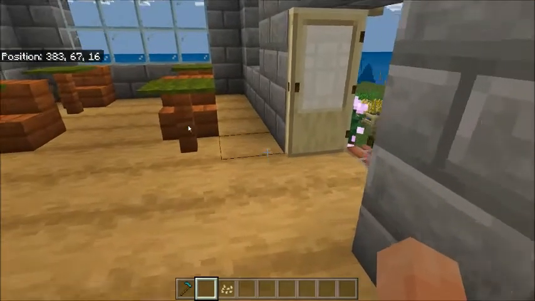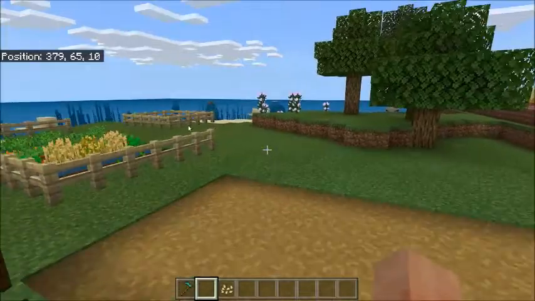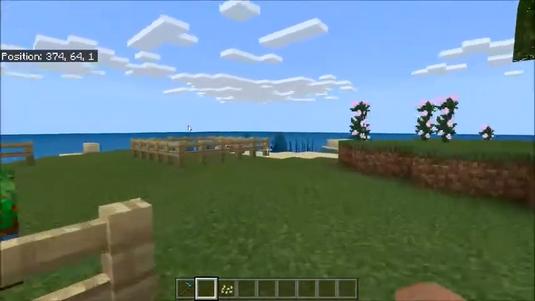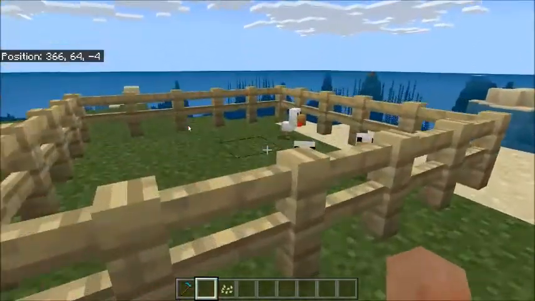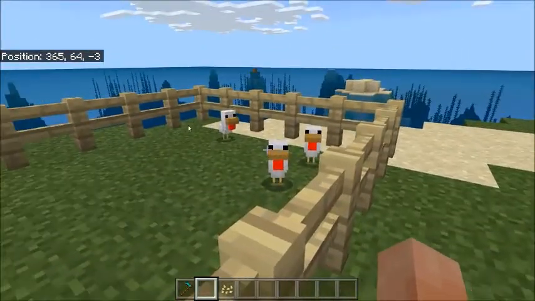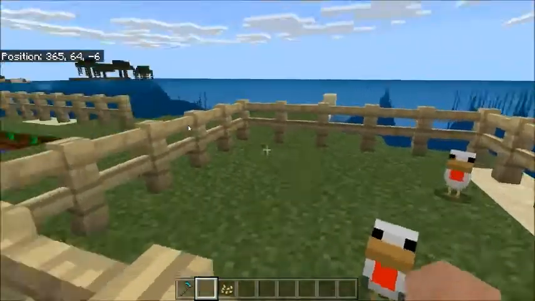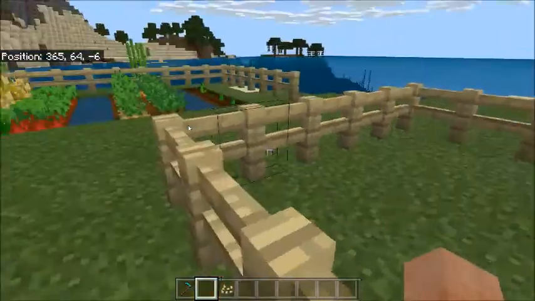So I was missing our little chickens, so I added some chickens to our school. And we're going to help them grow and get big so that they lay some eggs for us.